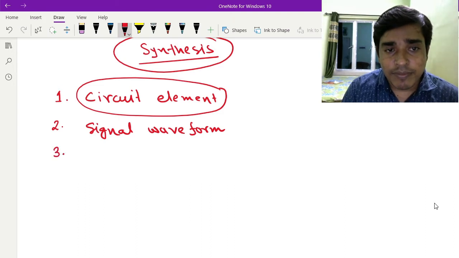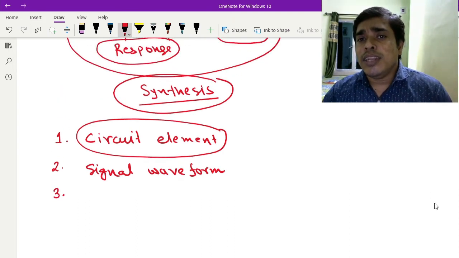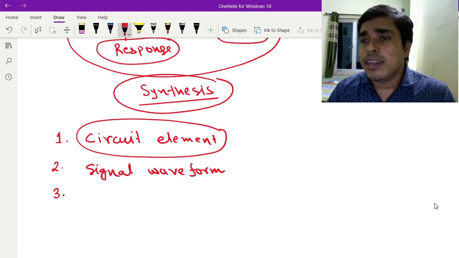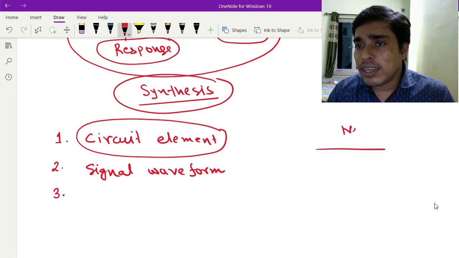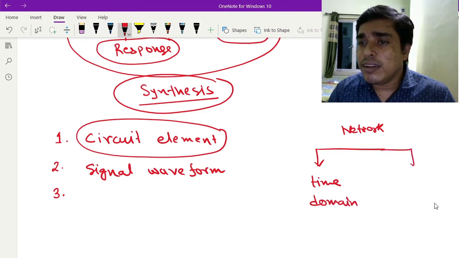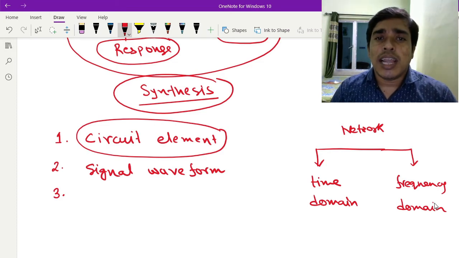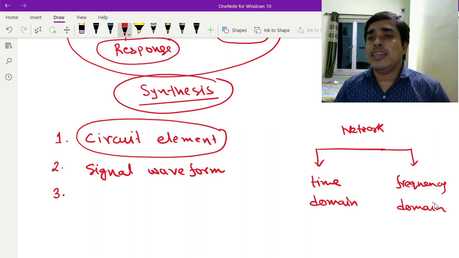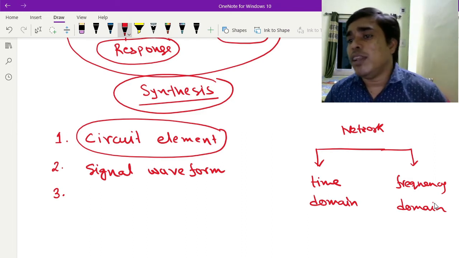Number three, a network can be studied in the time domain or in the frequency domain, because an AC signal depends on time as well as frequency.